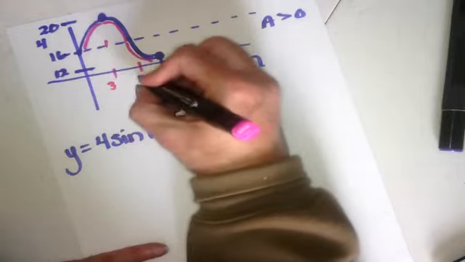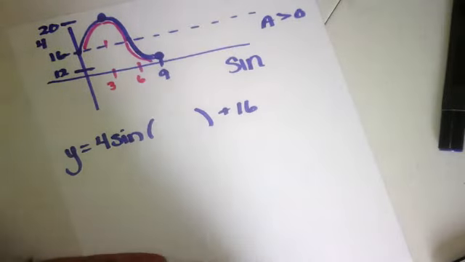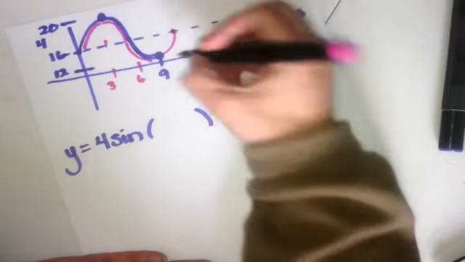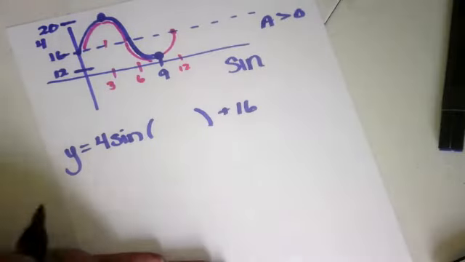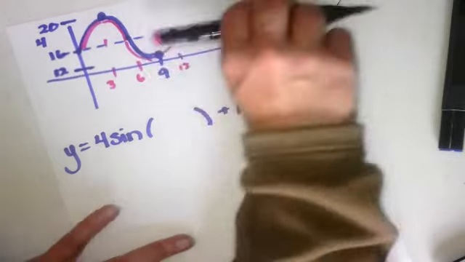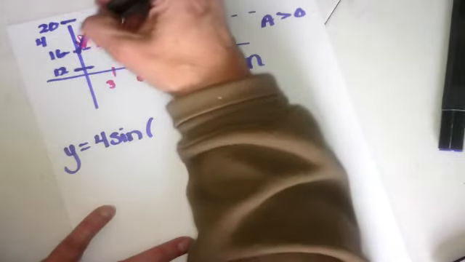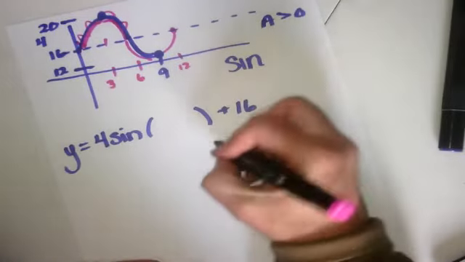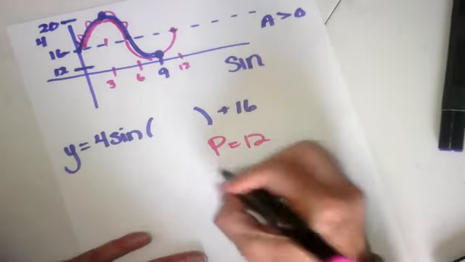This would be 3, 6, 9. This we know keeps going. That would put me at 12. Or I know that half a sine curve looks like this. So if half of the sine curve is 6, then the whole thing is 12. Either way, that tells me that the period is 12.